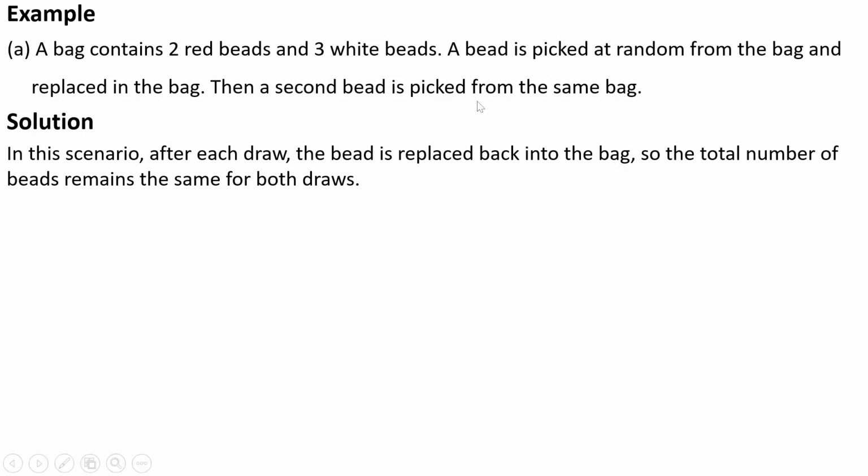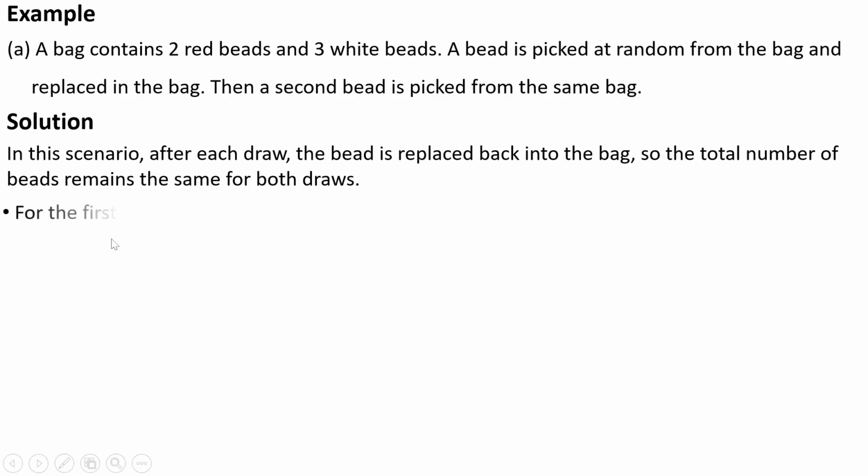For the second pick the number of beads is not affected because the first bead was replaced, meaning the probability will be the same in the second pick. That's why we are saying in this scenario, after each draw the bead is replaced back into the bag, so the total number of beads remains the same for both draws.